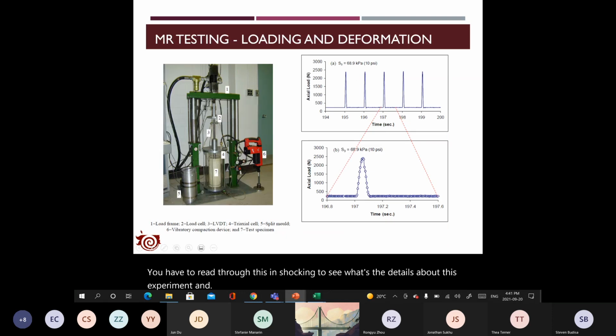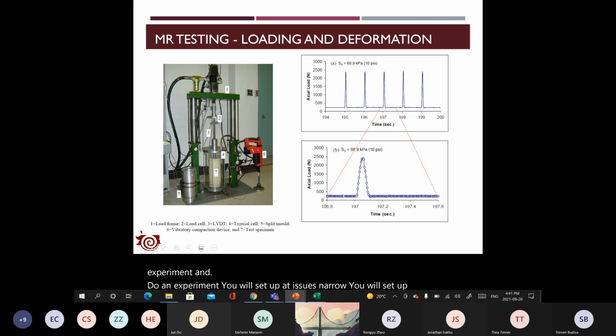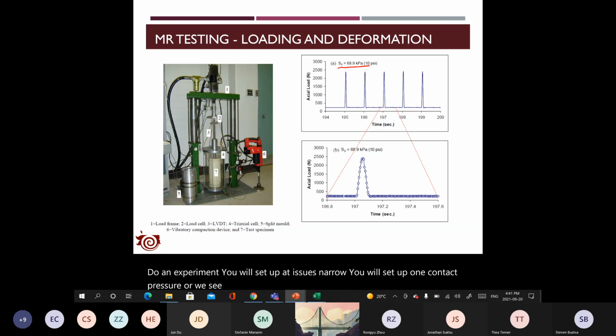during the experiment, at each scenario, you will set up one confining pressure, or we say the cell pressure, which would be the pressure of the air applied to the crystal cylinder. And then we will have the repeated load. So here, with this figure, you can find out some typical load. The load will be very short.